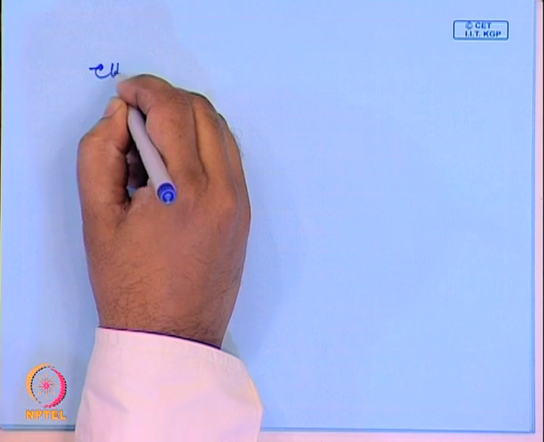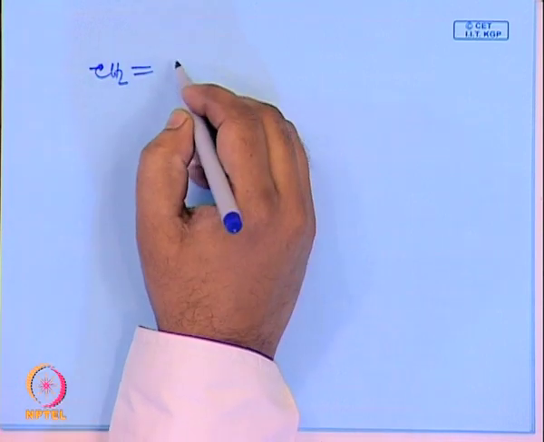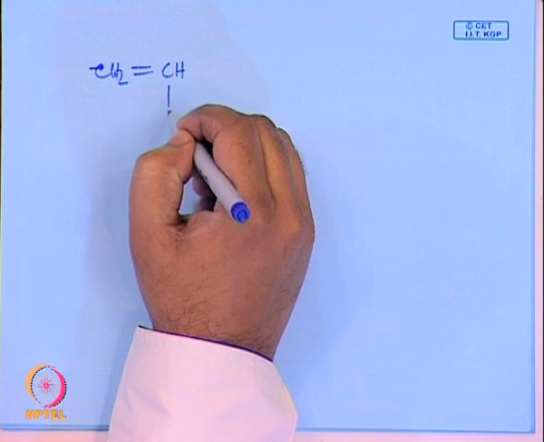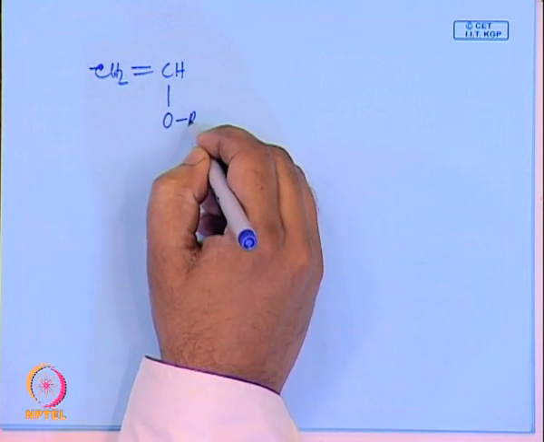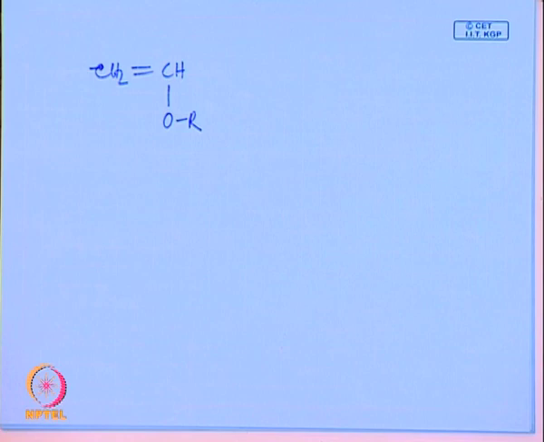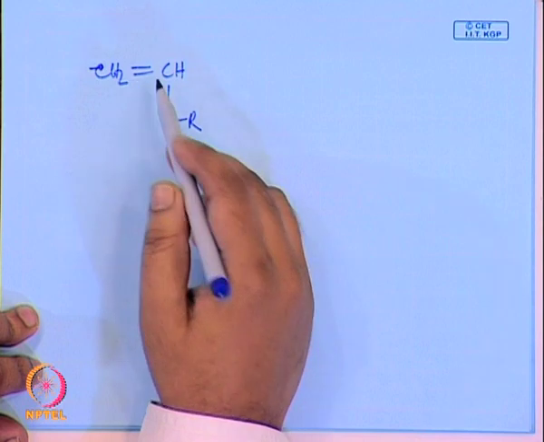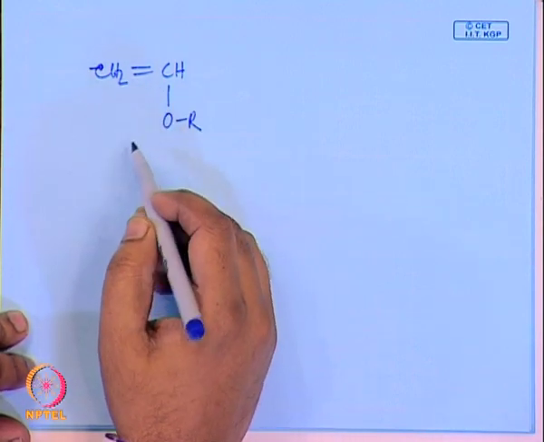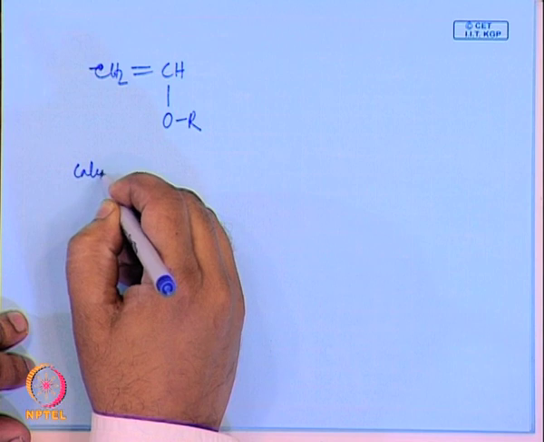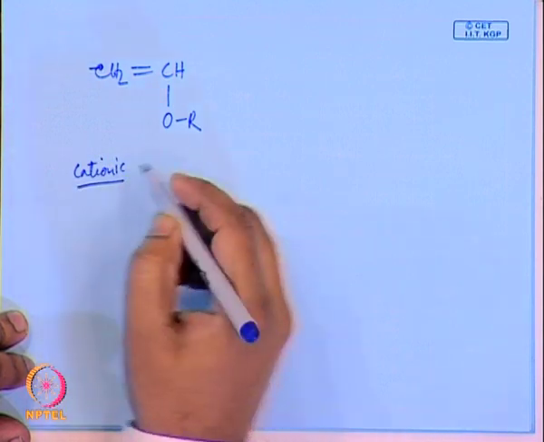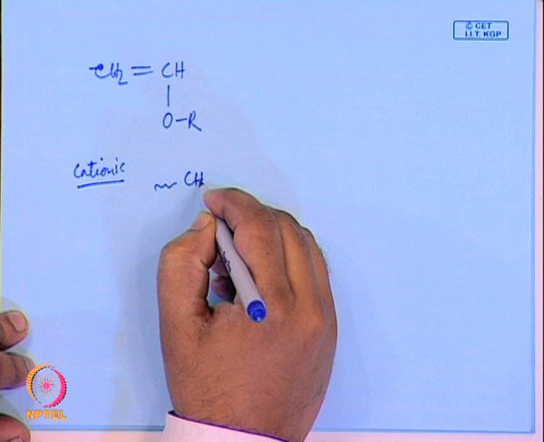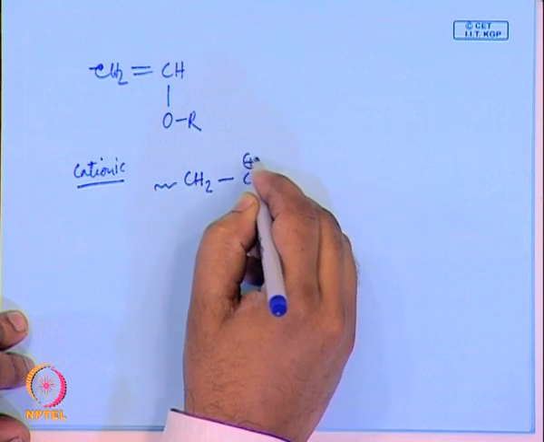Now, if we talk about this monomer, now this monomer, if I polymerize with a cationic initiator, then it will be a cationic species.